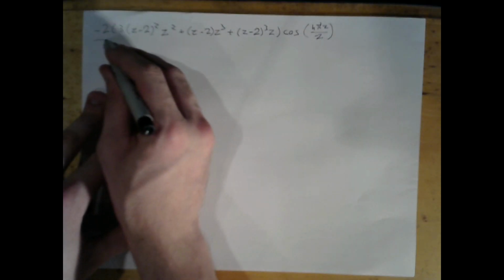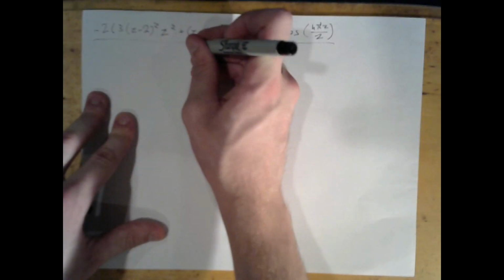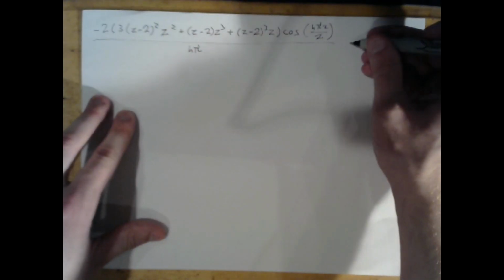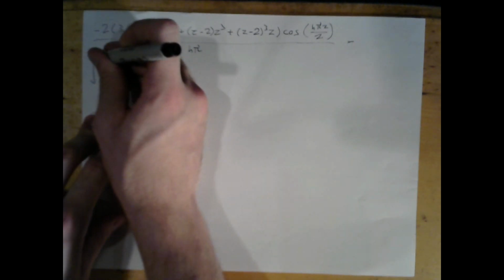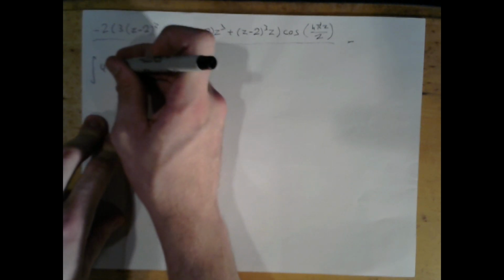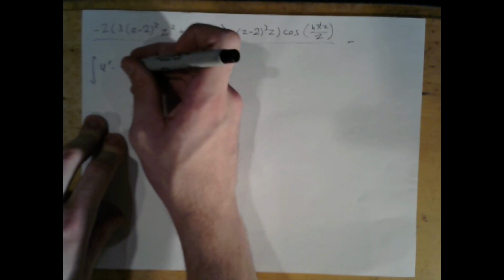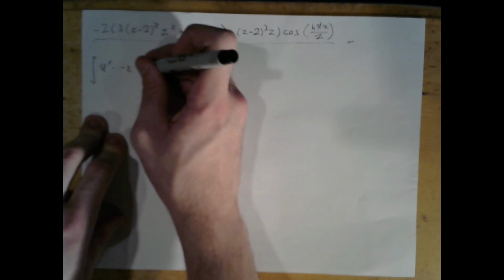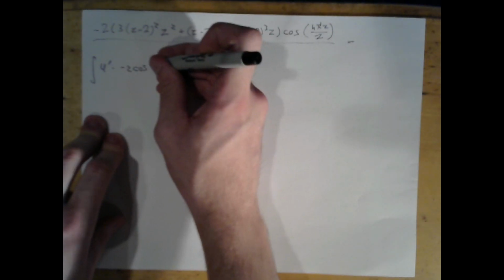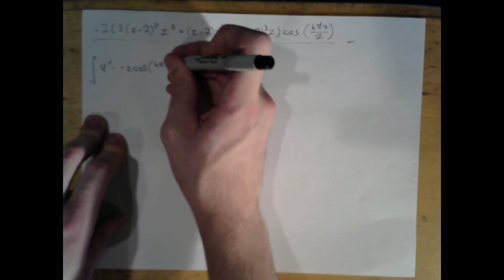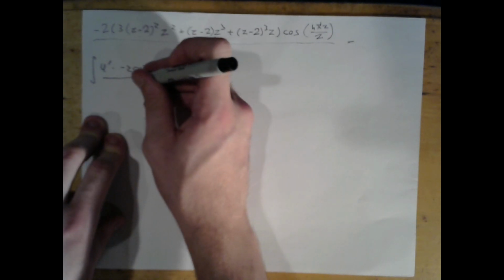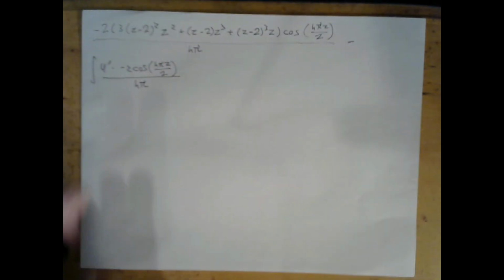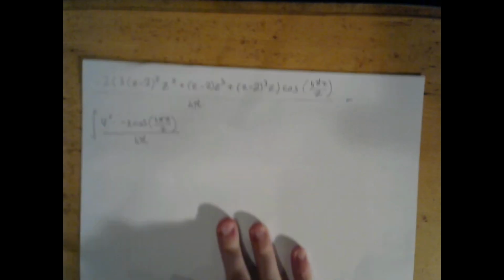Remember the negative 2 on the front we simply pulled out. This is all going to be over h pi. Then we're subtracting our integral of, again, we're going to say u prime for simplicity, times negative 2 cosh(pi z over 2) all over h pi. Okay, so that integral is done for now.